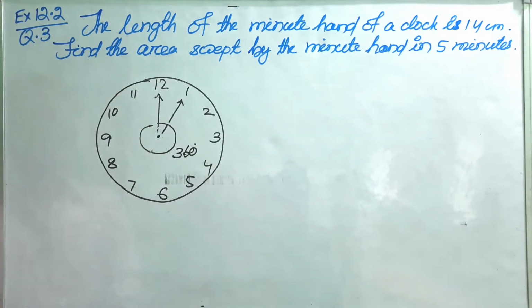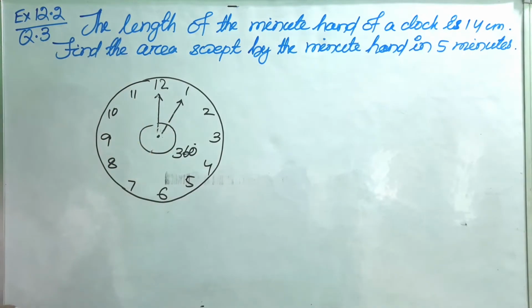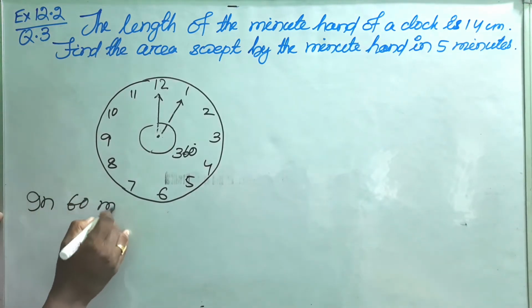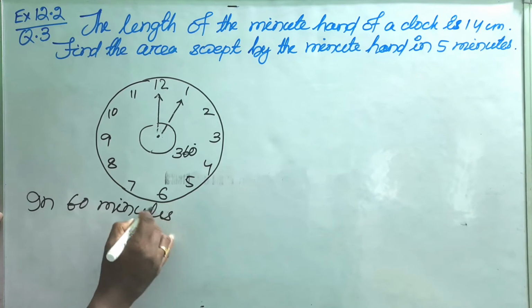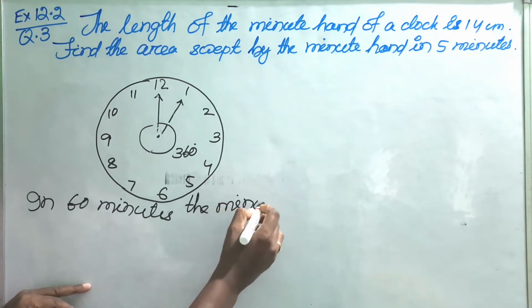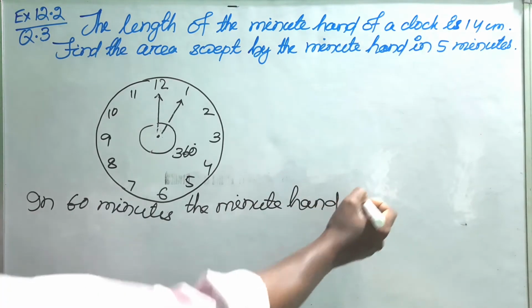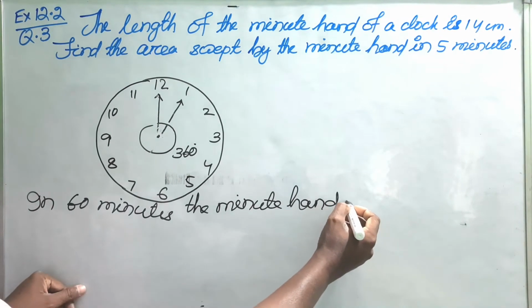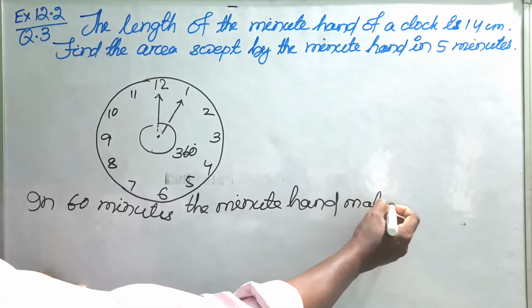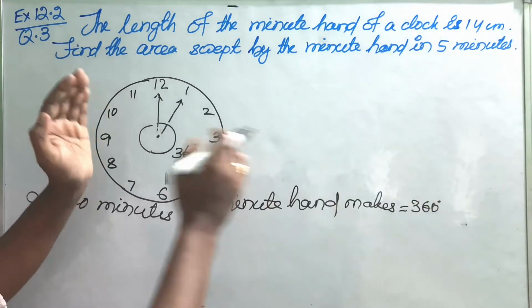So when the minute hand completes one rotation, how much time does it take? It takes 60 minutes. So you can write here, in 60 minutes the minute hand makes a 360 degree angle at the center.